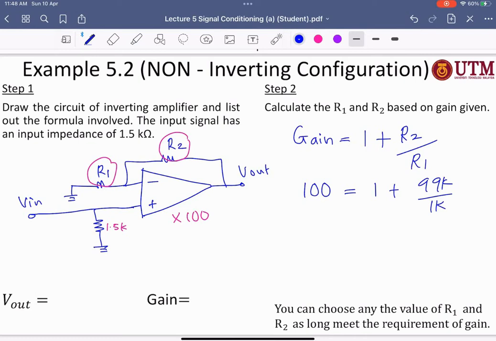That means our R2 is equal to 99k and our R1 is equal to 1k. So the answer is 99 kilo ohm and 1 kilo ohm. This will be the non-inverting configuration circuit.